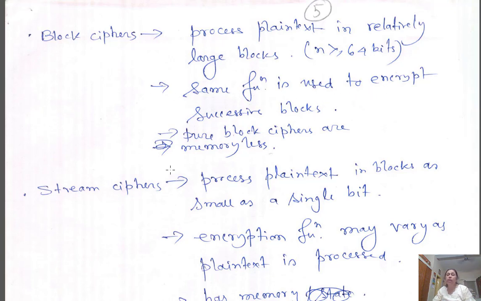In different modes of operation, we have seen that every plain text block is processed in the same way. And pure block ciphers are memoryless. These modes of operation essentially use memory, for example OFB or CBC.